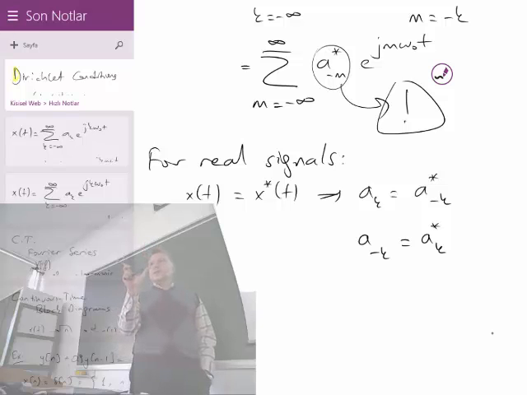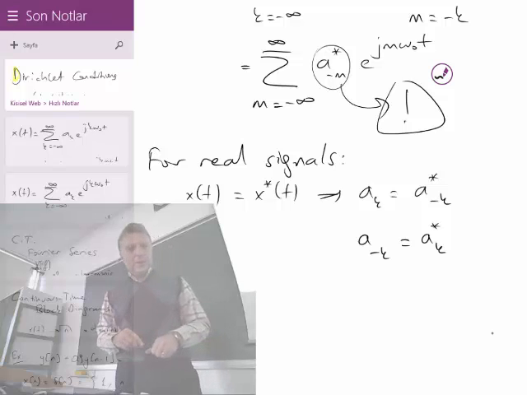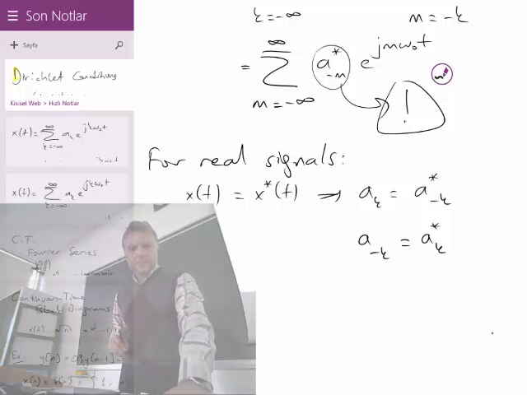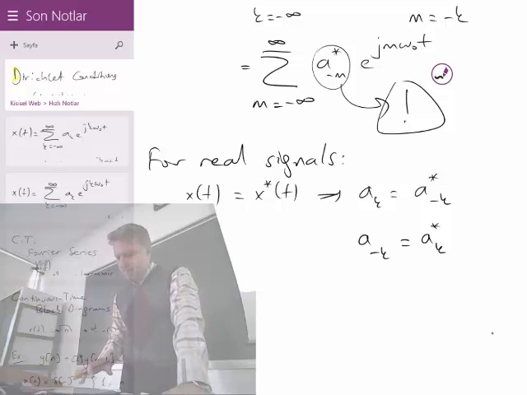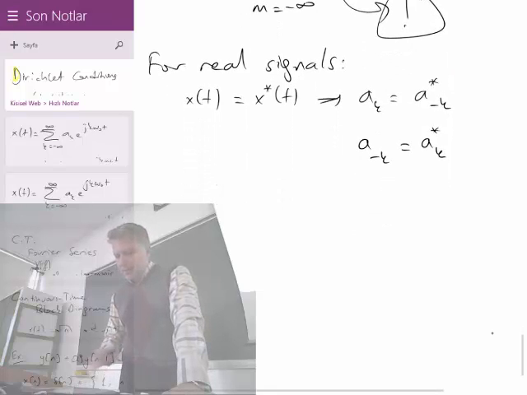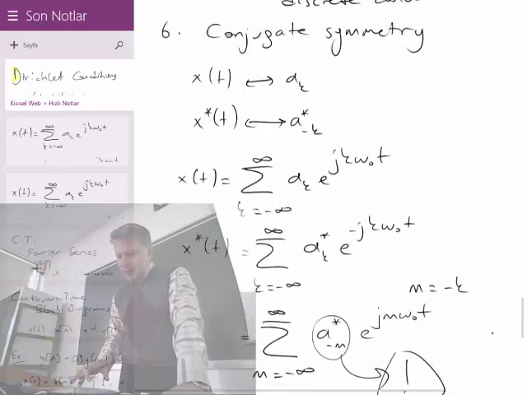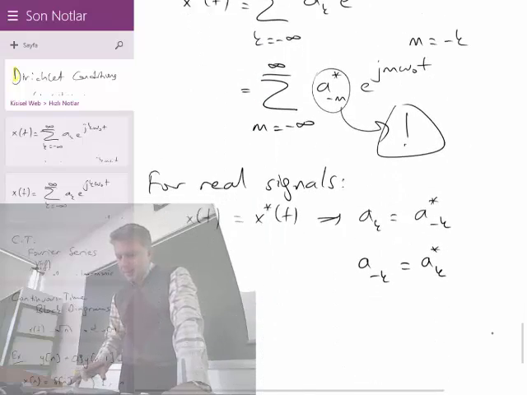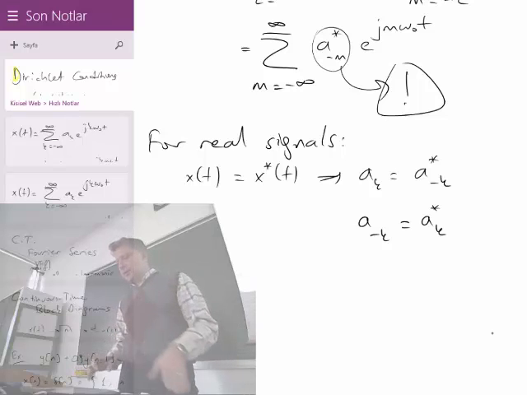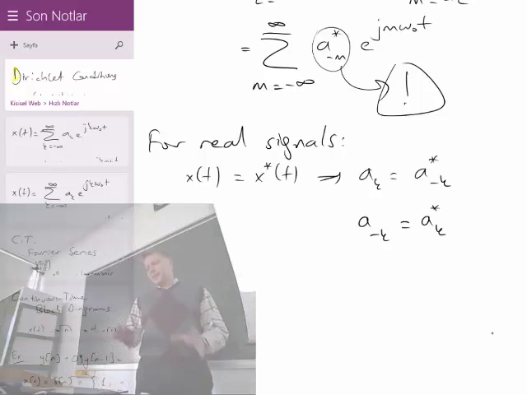So, reversing their orders corresponds to conjugating them. Again, just check it from sign. 1 over 2j and minus 1 over 2j. Flipping around really corresponds to changing their signs, which is plain conjugation. Okay. So this is a property about conjugate symmetry. The conjugation is in the time domain, the symmetry is in the Fourier domain.